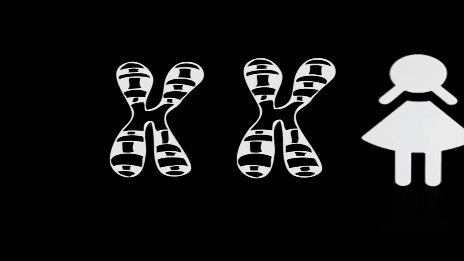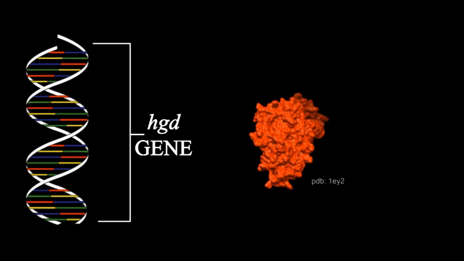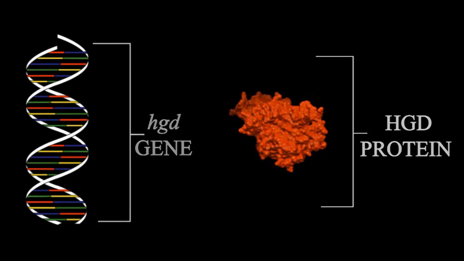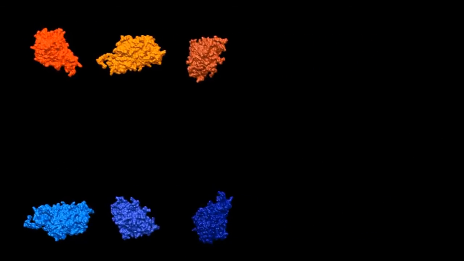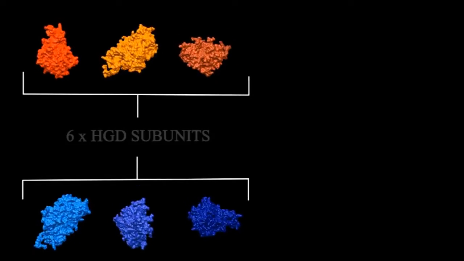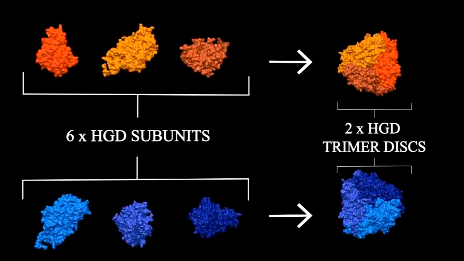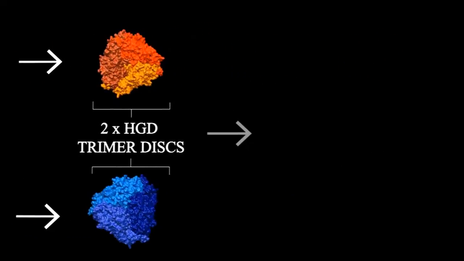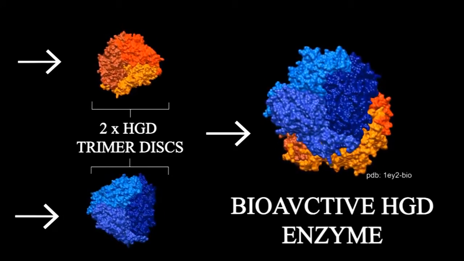In the healthy child, each of the 2 chromosomes contains a DNA molecule with an intact HGD gene. The HGD gene in turn produces an HGD protein. However, the HGD enzyme requires 6 HGD proteins, so-called HGD subunits. 3 HGD subunits form a disc called a trimer, and the resultant 2 trimers assemble to form a hexamer to yield the bioactive HGD enzyme.